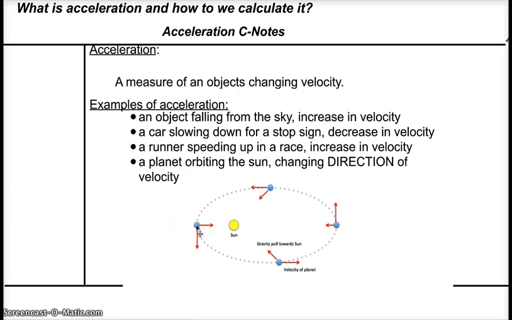When it's at this point, the velocity is going, according to this picture, straight down. Over here, it's going to the right, and then it's going straight, and then it's going to the left. So as it's orbiting the sun, we have our velocity changing direction, and because of that, we have an acceleration.